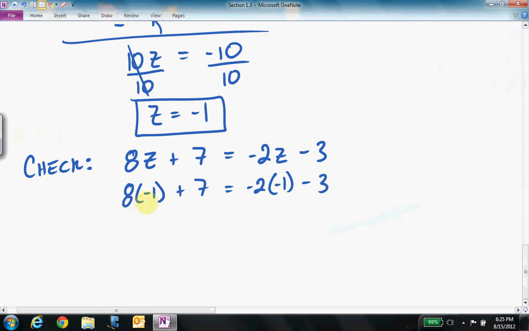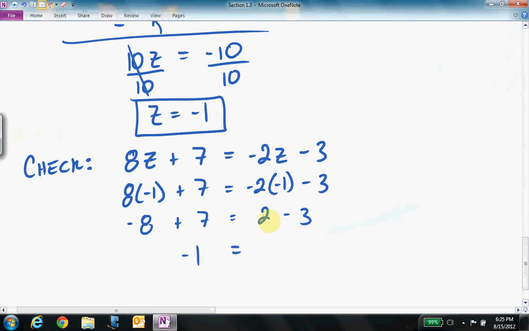So 8 times negative 1 gives me negative 8, plus 7. Negative 2 times negative 1 gives me positive 2, minus 3. And then I see negative 8 plus 7 is going to give me negative 1.